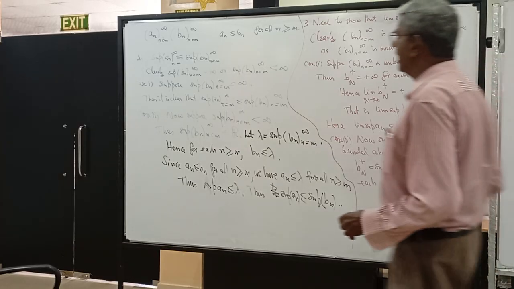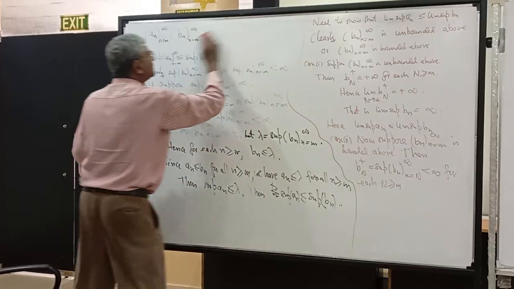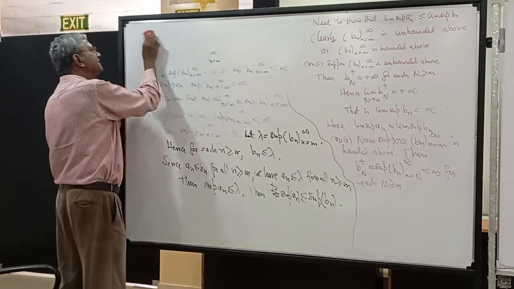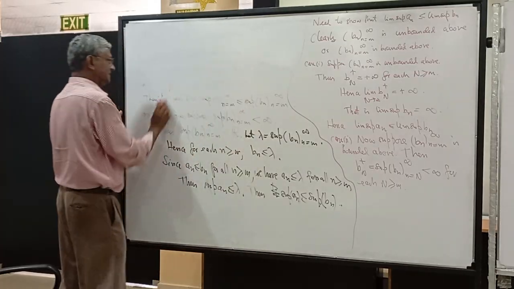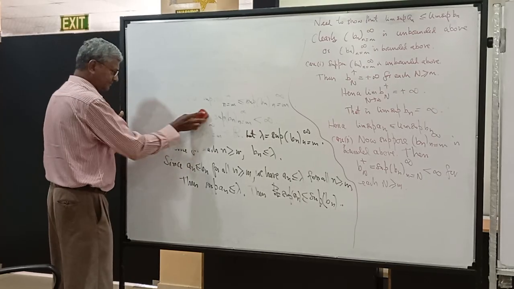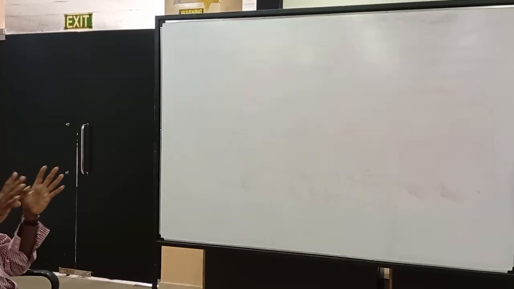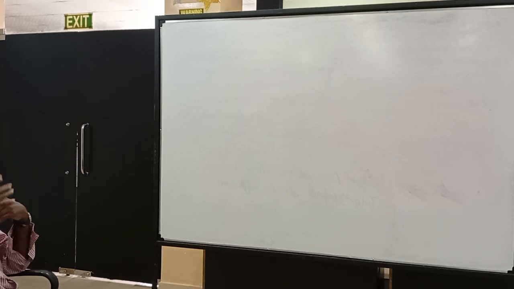So then I considered, if you are given a bounded sequence, LXN, that is the set of all limits of convergent subsequences, the subsequential limits.